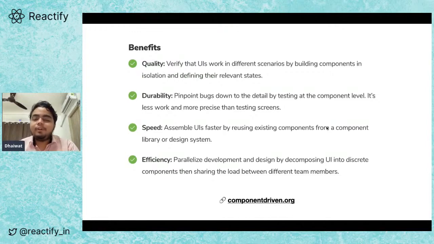Even if you are doing test driven development or component driven development, it's not like you are never going to face bugs. There will be some edge cases because after all you are the one writing the tests. Sometimes you may write tests which may have logical errors, which may not cover all possible cases.